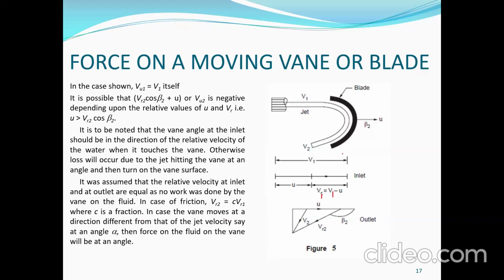Sa mga libro, nawawala rin kasi yan sa reference natin. So in case of friction, V sub R2 is equal to C times V sub R1, where C is a fraction. In case the vane moves at a different direction from that of the jet velocity, say at an angle alpha, then the force on the fluid on the vane will be at an angle.